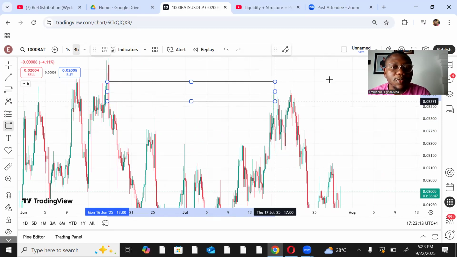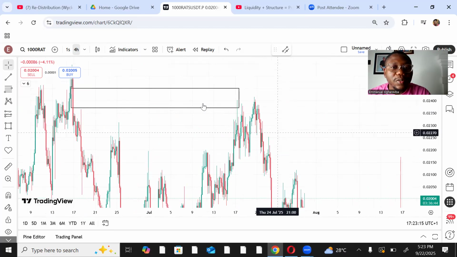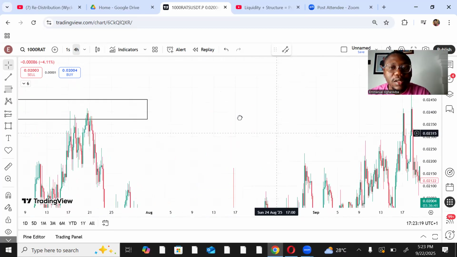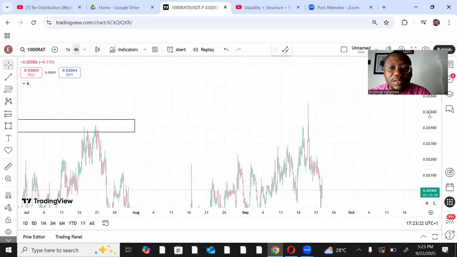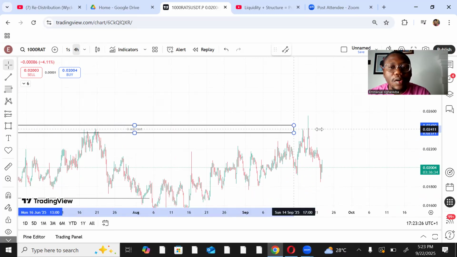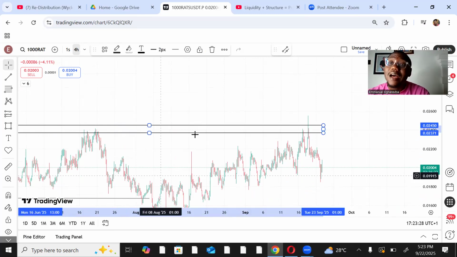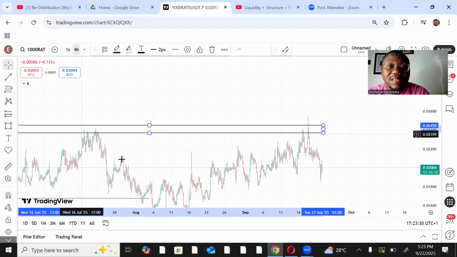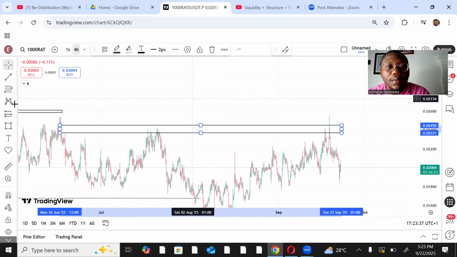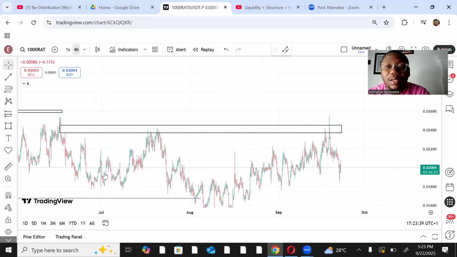And I think that is the only one left that has not been filled to 100%. Okay, now if you look at this region here, you're going to see that price actually filled up all the imbalance. So the market is now efficient. An inefficient market is a market where you have gaps or fair value gaps. But the moment price fills up all gaps, it becomes an efficient market.